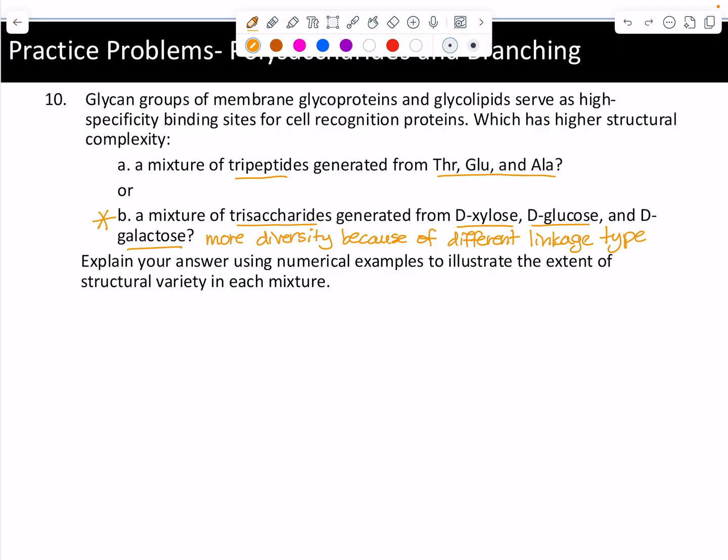And so, you know, it could be alpha versus beta. It could be 1 to different numbers, right? Different number of carbons. So without going into enumerating anything, we know automatically which one has more diversity, right?